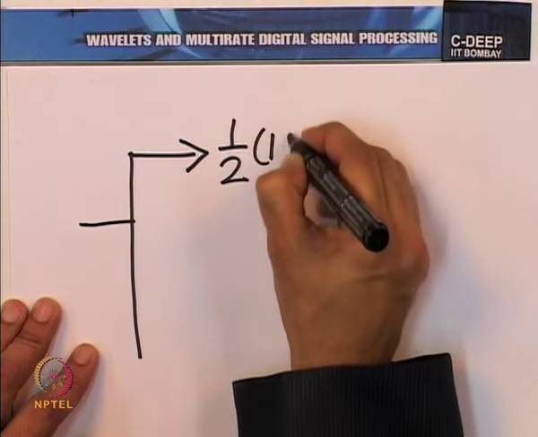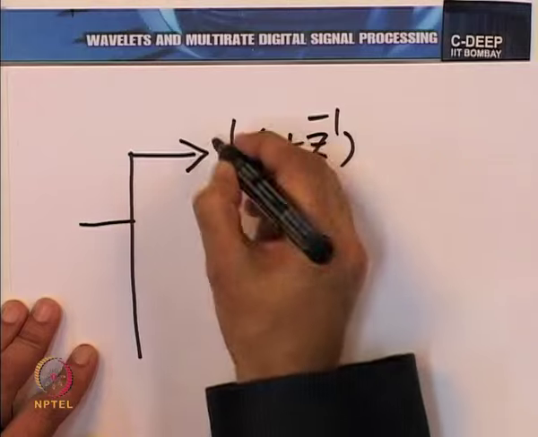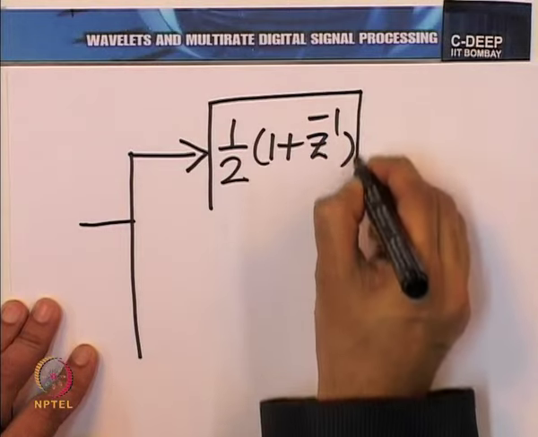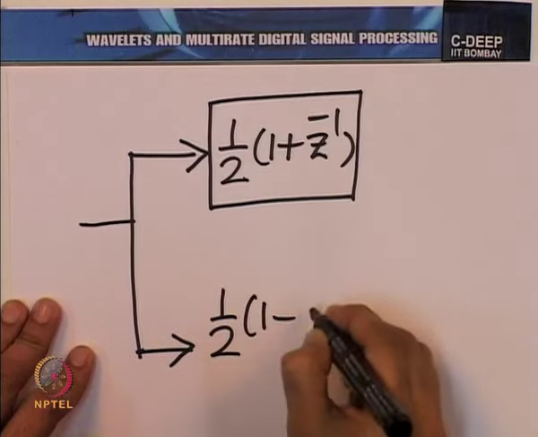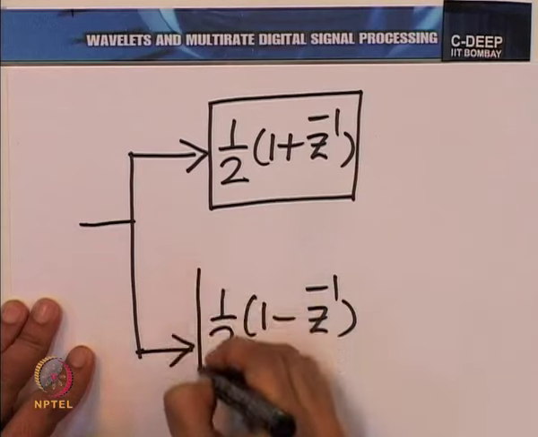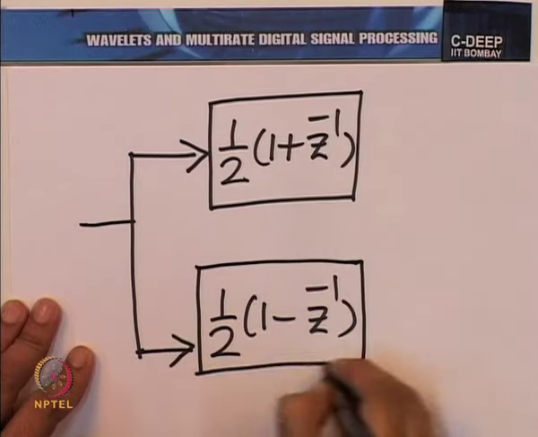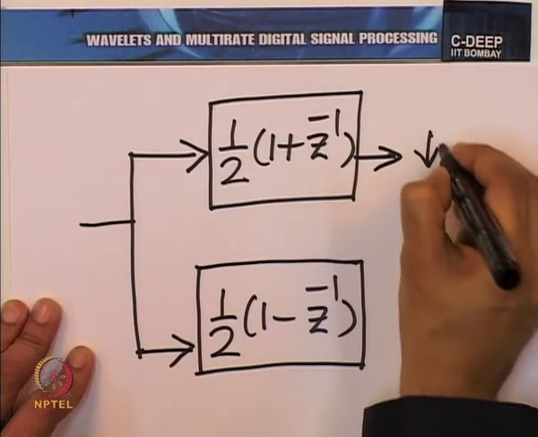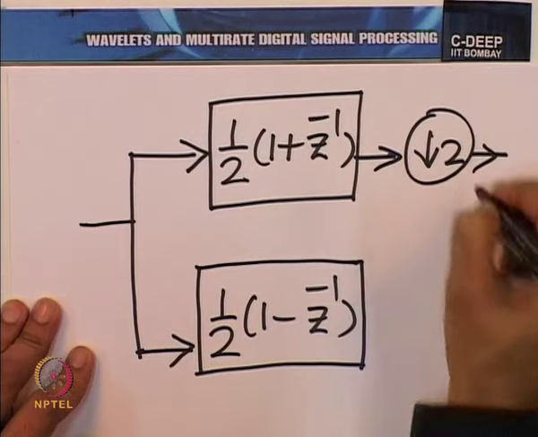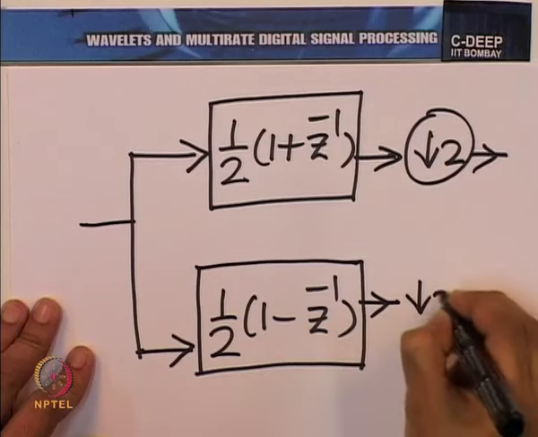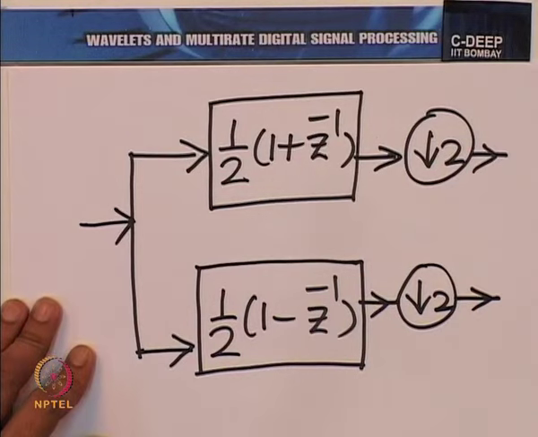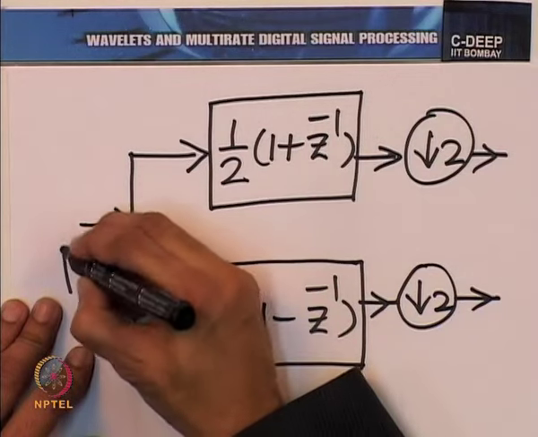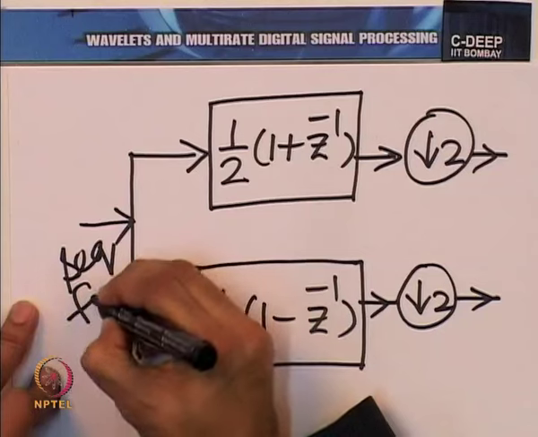Half into 1 plus z inverse here, half into 1 minus z inverse there, and a decimator. So, here we have the sequence for y.